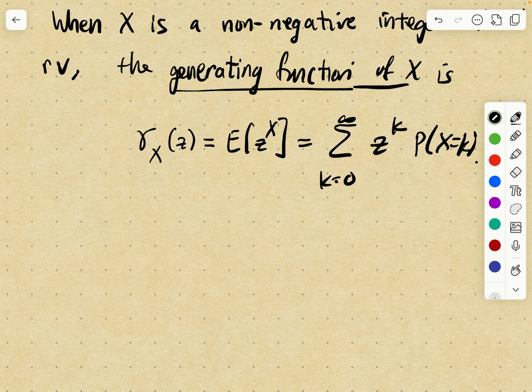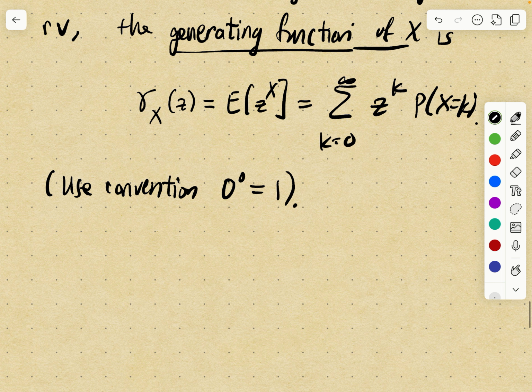Now z might be 0, so we use the convention that 0 to the 0 power is 1. But mainly we will be interested in what happens when z is equal to 1, not z equals 0.